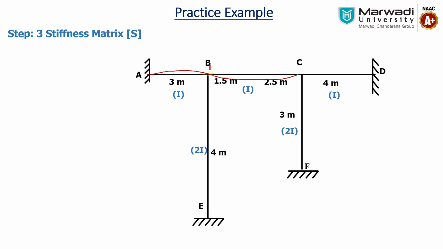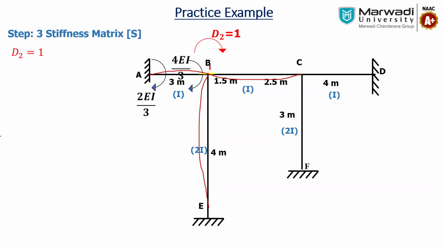There will be members connected to B that are going to be affected. If we apply the moment due to the rotation at B, at the near end, at B, there will be 4EI by L, while at the far end there will be 2EI by L, and all the moments will be clockwise.